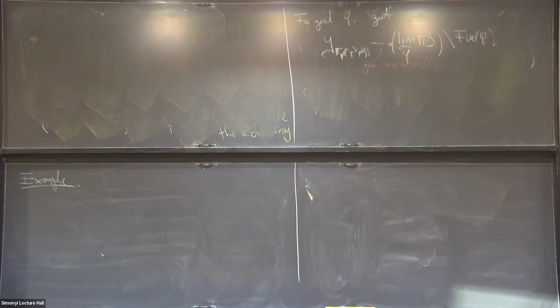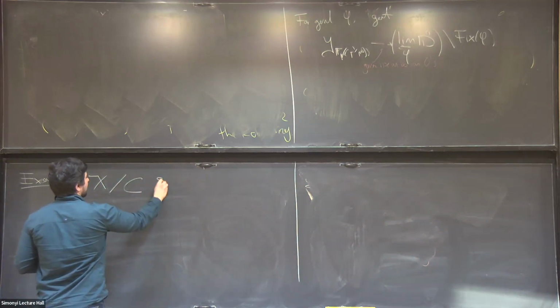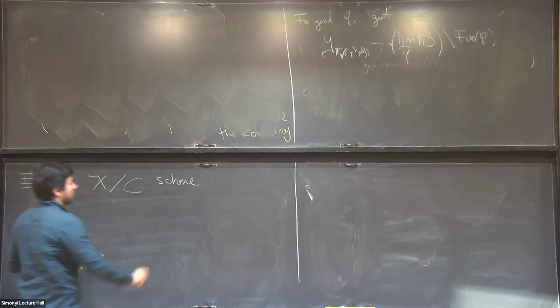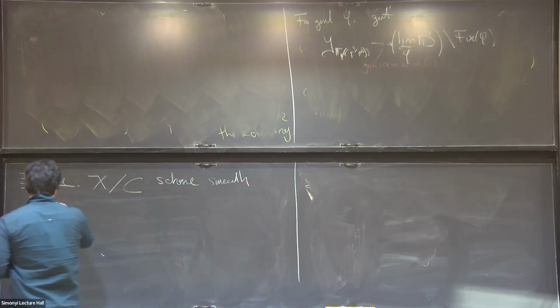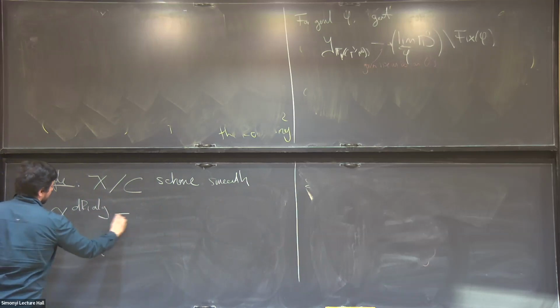So let's take X, classically, a scheme over C. Let me say smooth. Then the algebraic de Rham stack of Simpson of X, you can compute it.